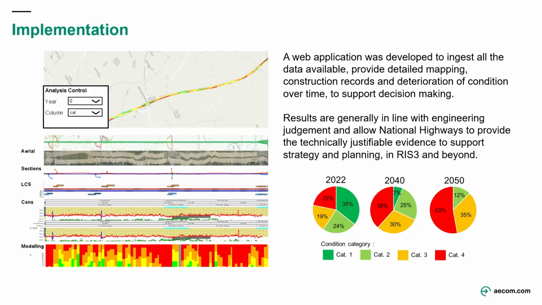But we can implement these equations in a web application that we have developed. This makes our analysis much more interactive. We can understand what parts of the pavement require intervention first. We can prioritize schemes, and obviously we can do planning.